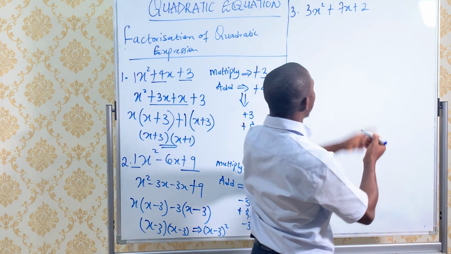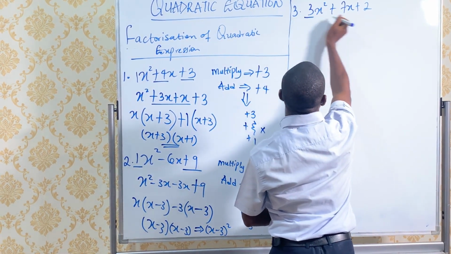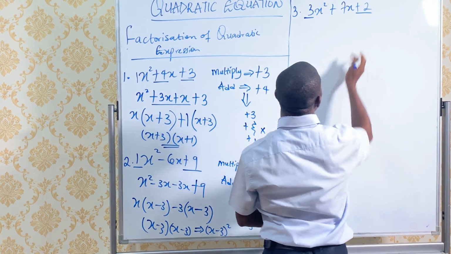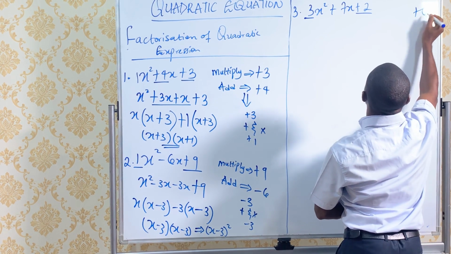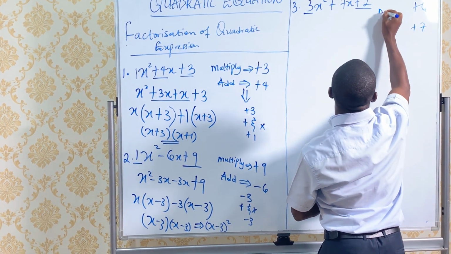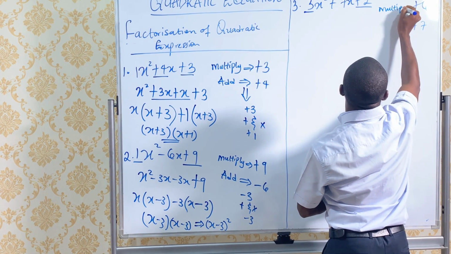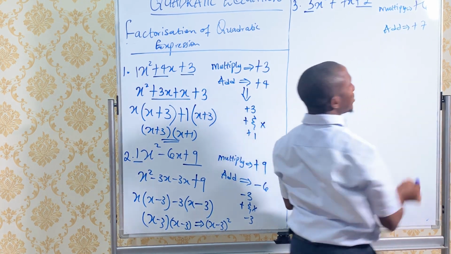Let's look at the third question now. We have 3x squared plus 7x plus 2. The same method. You pick the first number and the last number and multiply them together. Plus 2 times 3 gives us plus 6. And we also have plus 7. So you think of two numbers that when you multiply give plus 6, and when you add give plus 7.